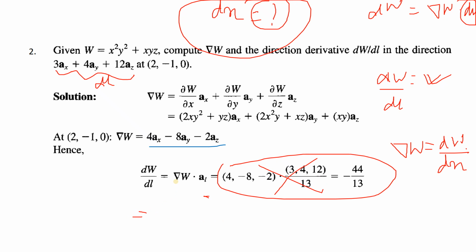If I neglect this, you don't have to concentrate on this. What is this one? This one is 4 unit vector x minus 8 unit vector y minus 2 unit vector z. That is written over here in this way, but you don't have to write in this way, this is not a proper way.